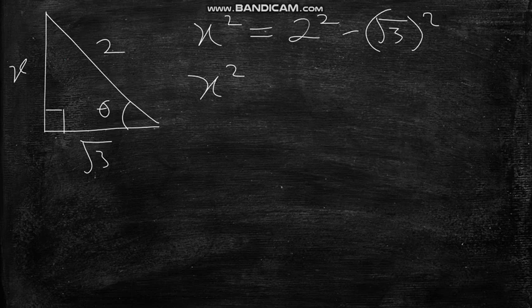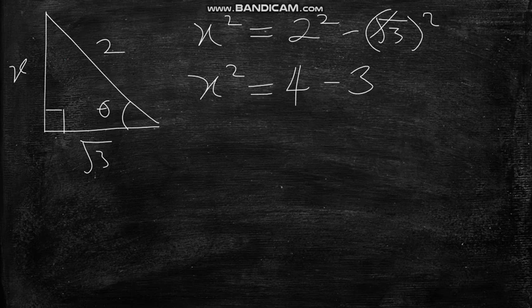So we have x squared is equal to the square of the hypotenuse here, which is 4, minus the square of the square root of 3, that is 3, because the square will cancel out the root, right? Okay, so we have 3.